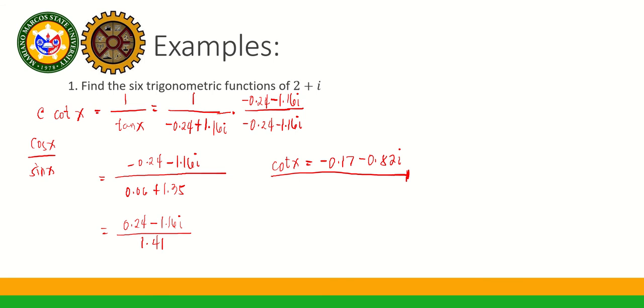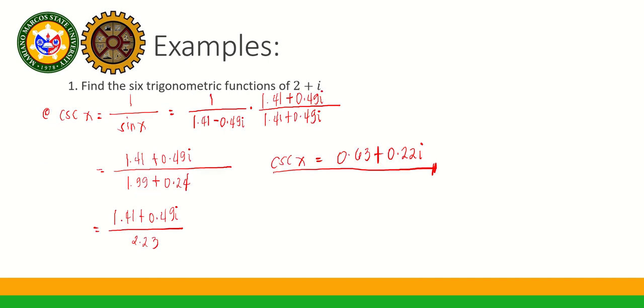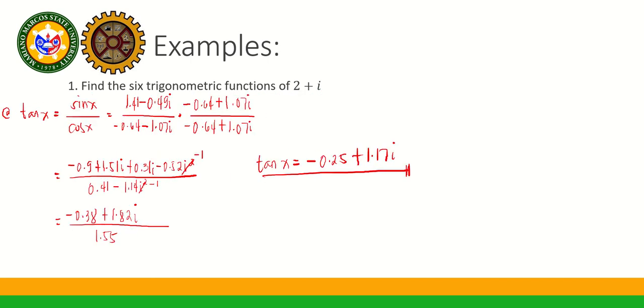However, since meron tayong complex mode dito sa calculator natin, we can use that to solve for this problem. So for example, example ko na lang yung si tangent. Okay, si tangent natin kanina, we solve this one manually. So, nag-complex conjugate tayo and then simplify.